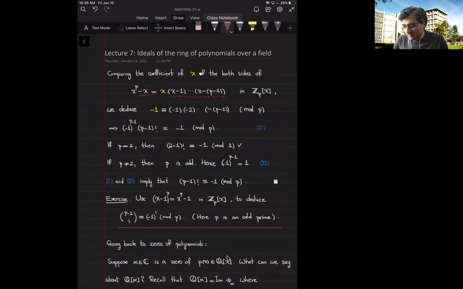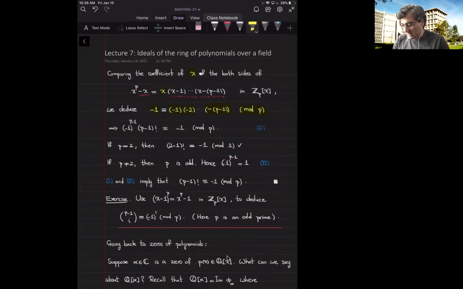The constant term of the first parentheses is -1, the second one is -2, the last one is -(p minus 1). So this product, (-1)(-2)...(-(p minus 1)), is congruent to -1 mod p. Saying that they are equal in the ring of integers modulo p means that these integers are congruent mod p.